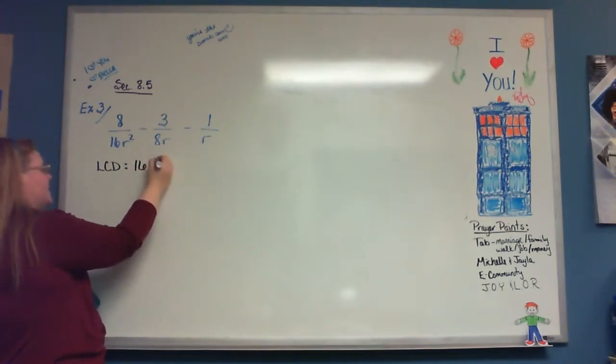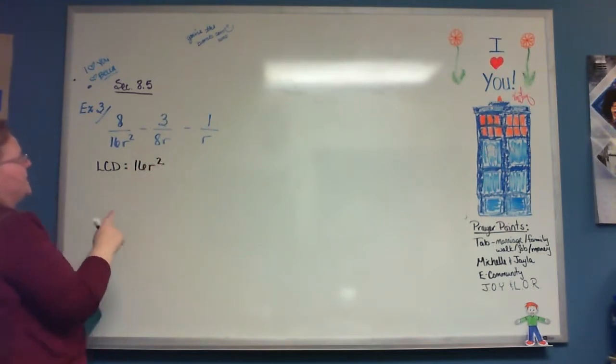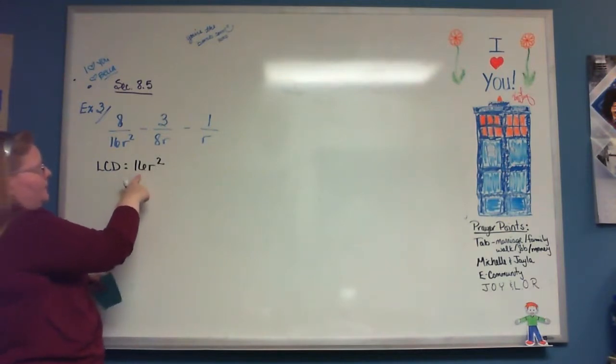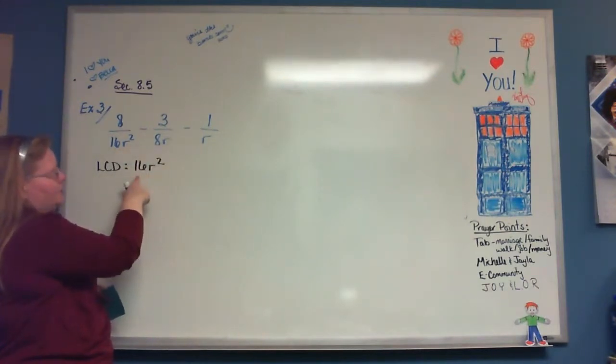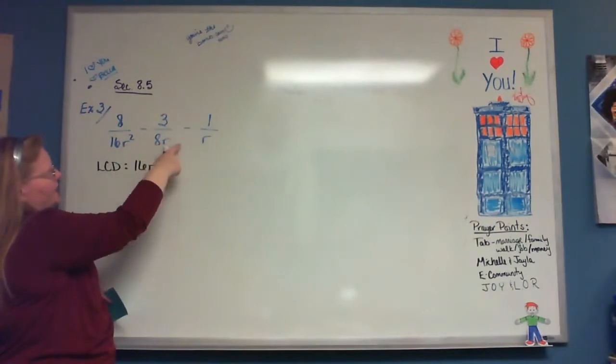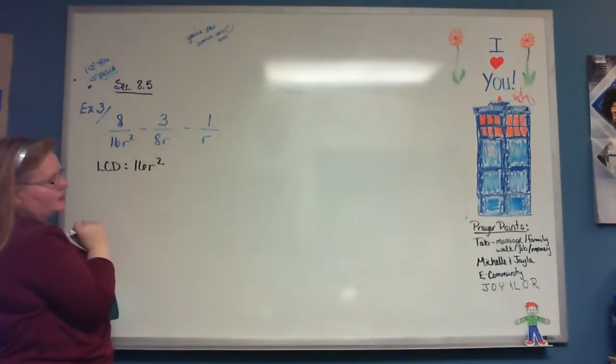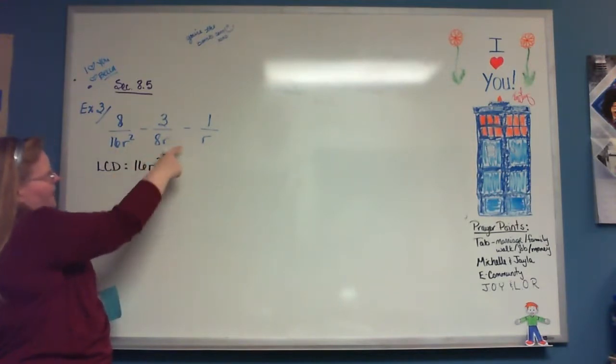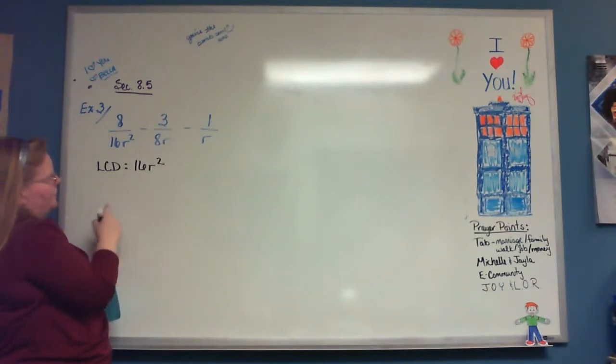Going to be 16r squared, because that's the smallest number that all those numbers go into, and it's the largest exponent of all of our exponents. So then you have to start asking yourself, we want to make all these bottoms the 16r squared. So I'm going to go ahead and write it down here.